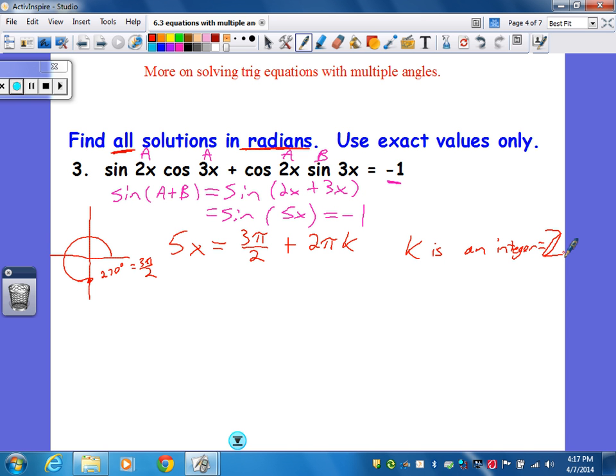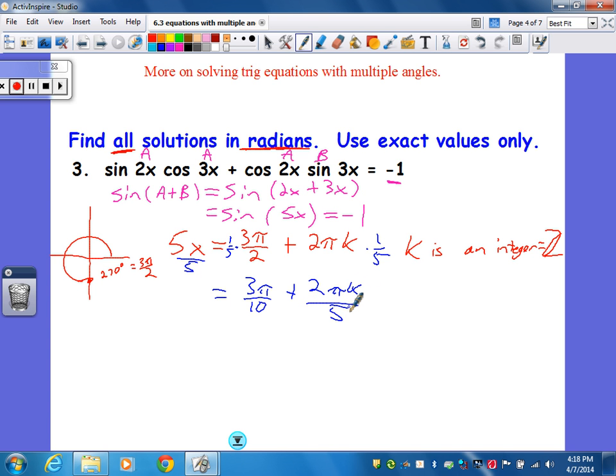Okay, so now we want to get x by itself so we can figure out what x is. So we're going to divide everything by 5, which is really multiplying by 1/5. So now I'm going to have 3 pi over 10 plus 2 pi k over 5.